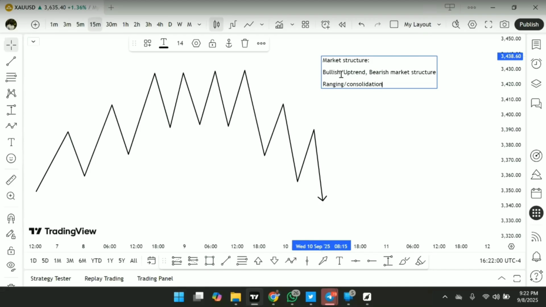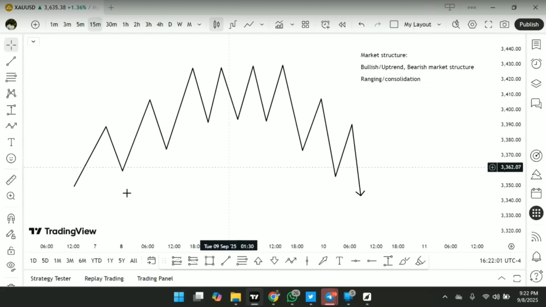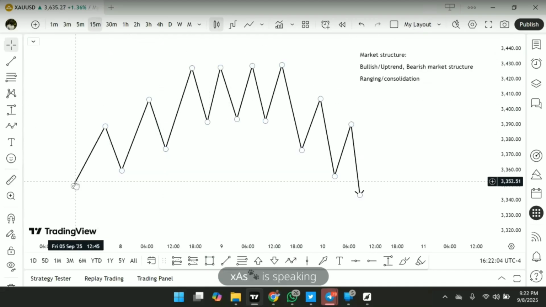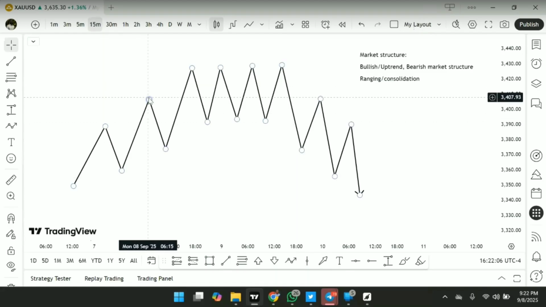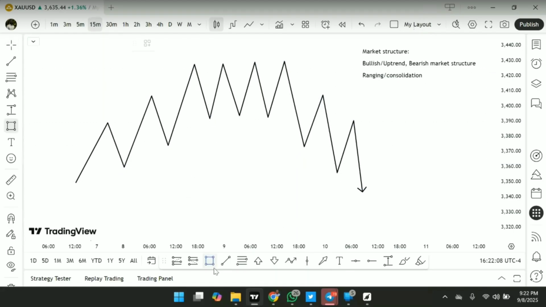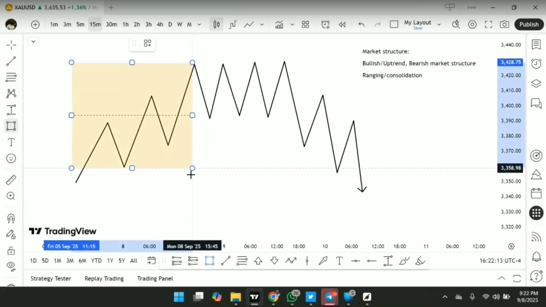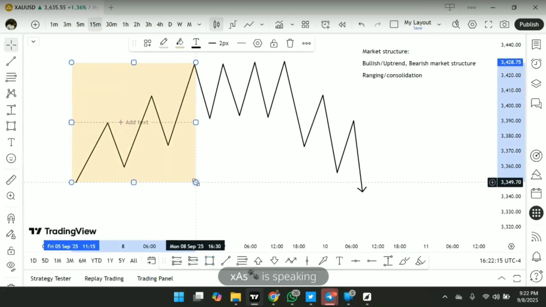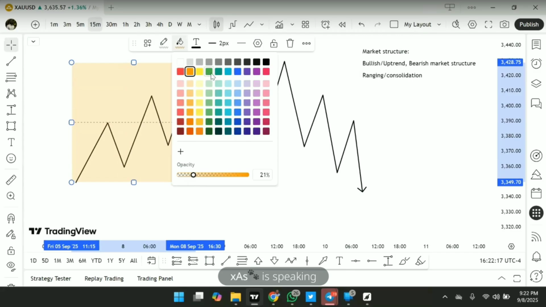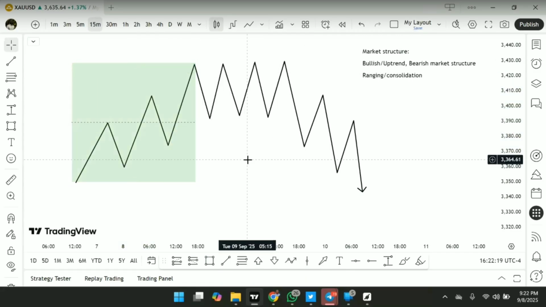For the bullish market, when the market gives you a series of higher highs, higher lows, higher highs, higher lows, you call it an uptrend.